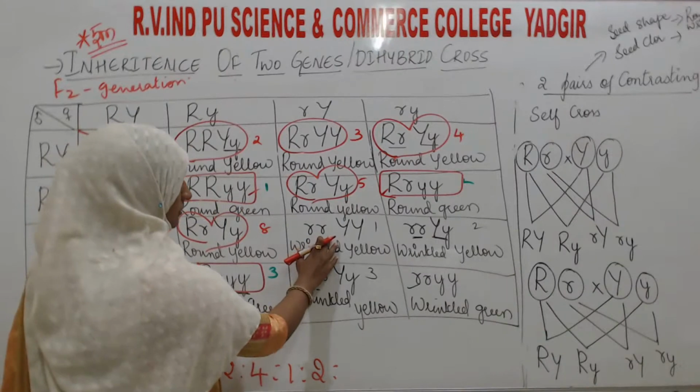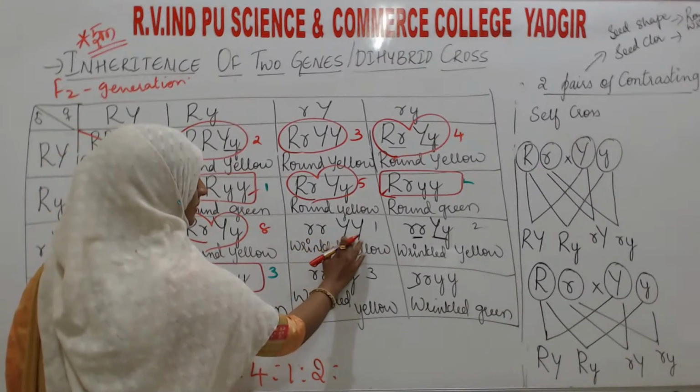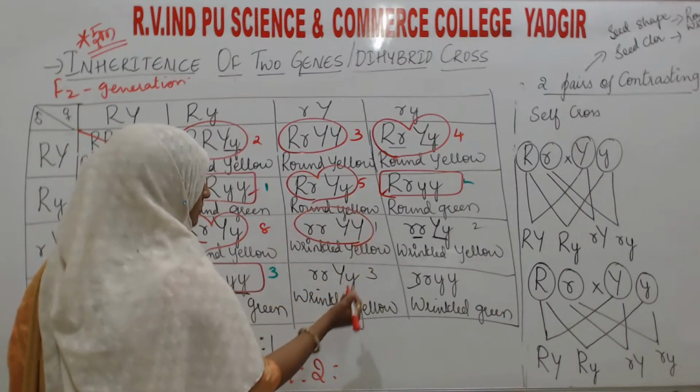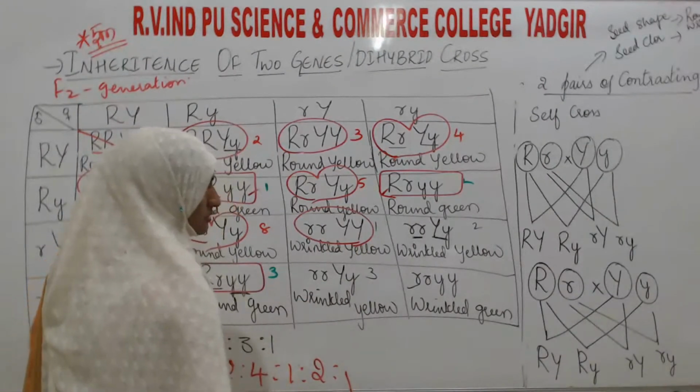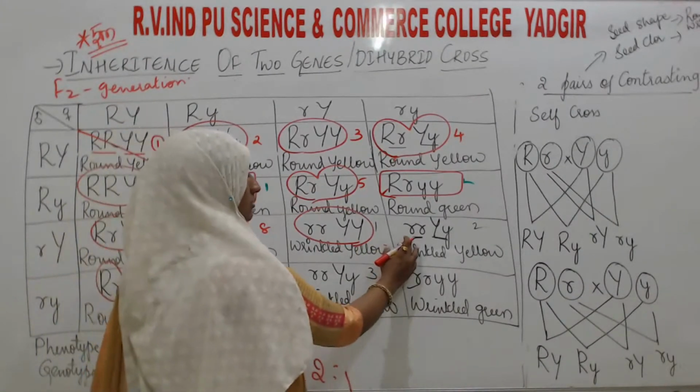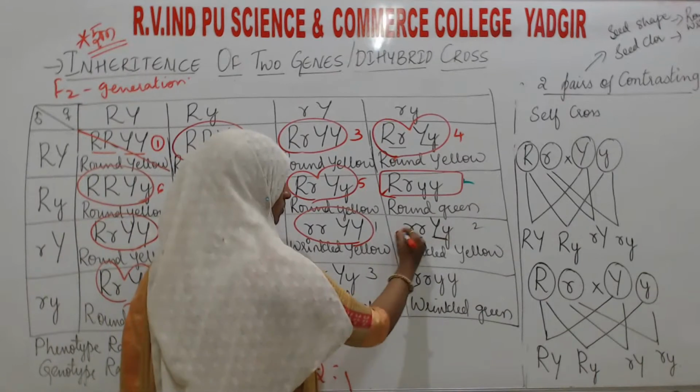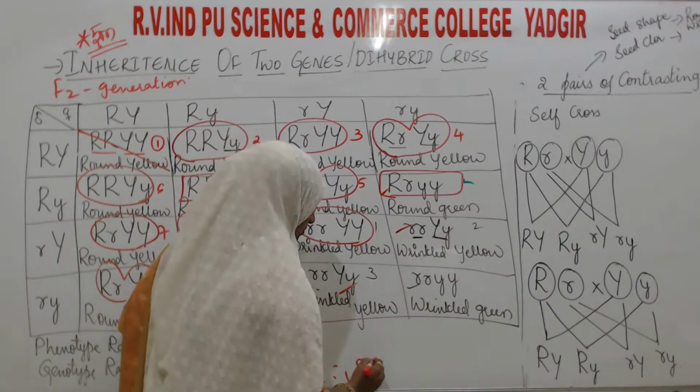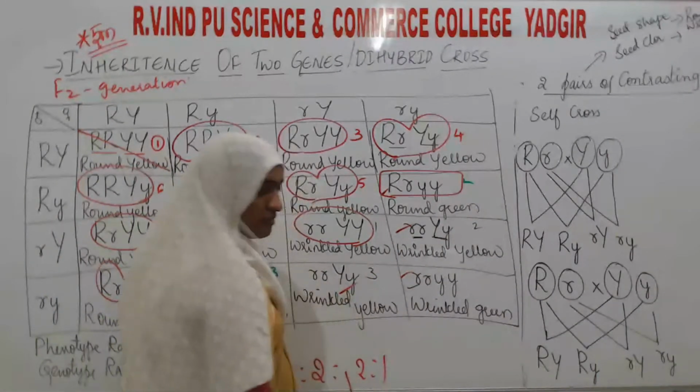Then next comes here, small r, capital Y. 1, only 1. Okay. Small r, capital Y, small y: 1, 2. 2, then last one, 1.